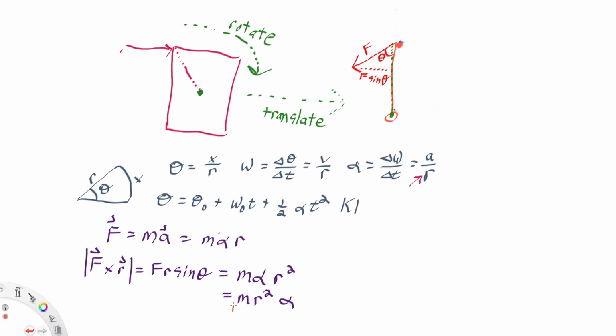And this is one of those times where physicists love to just redefine something for convenience, just like the definition of momentum kind of popped out of a manipulation of Newton's second law. Well, here, this thing, m r squared, we call that the moment of inertia. And this is going to be for a point mass.